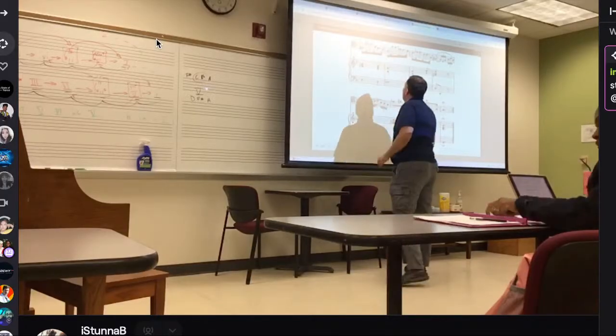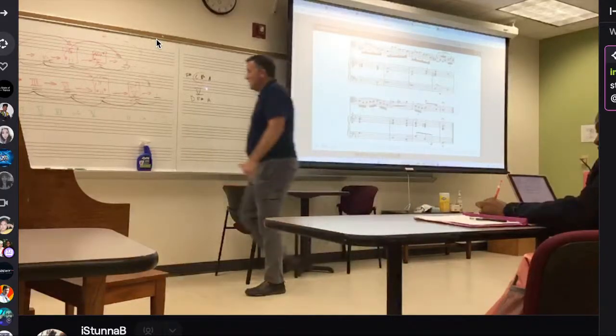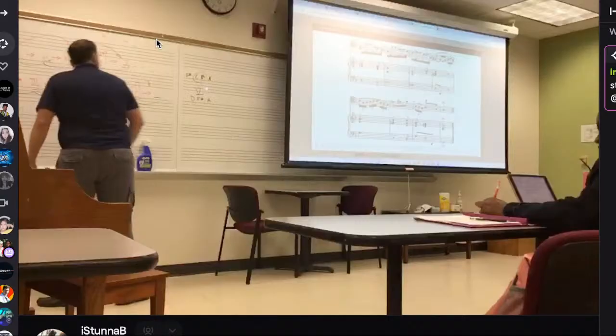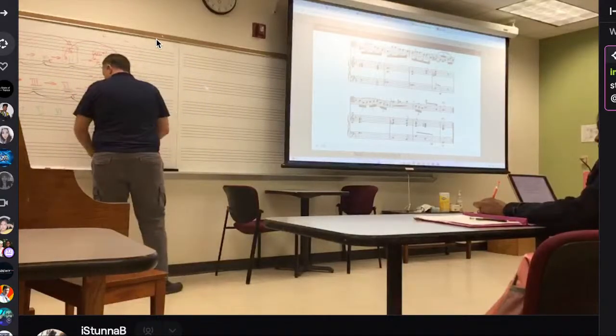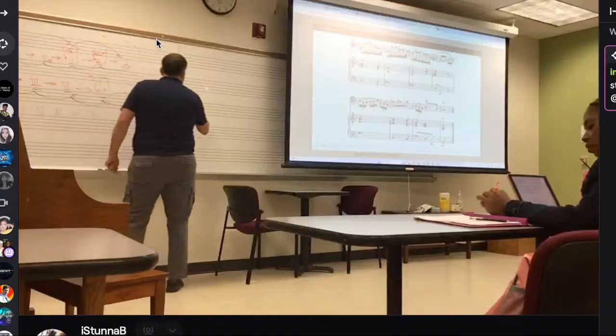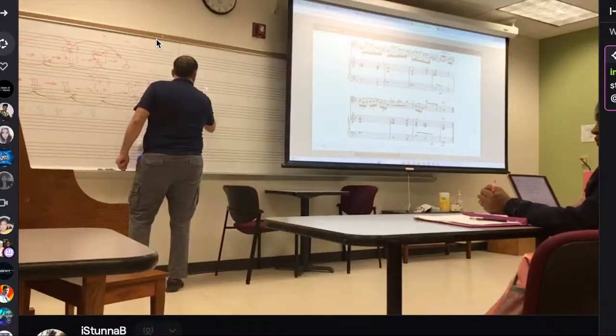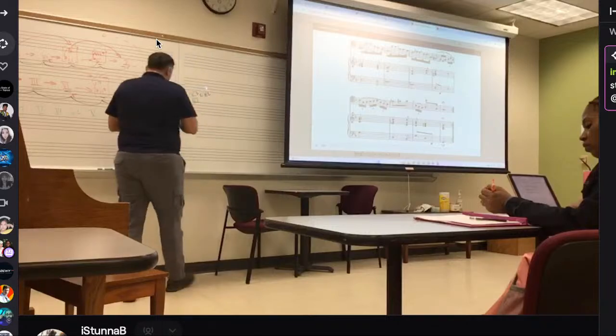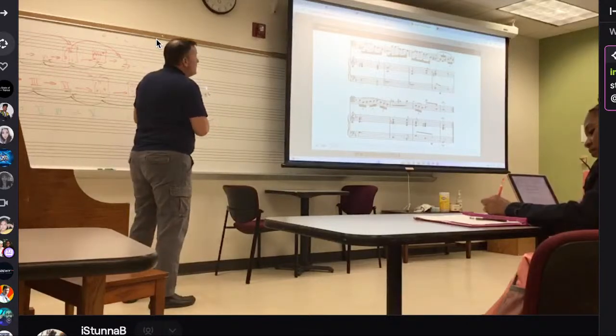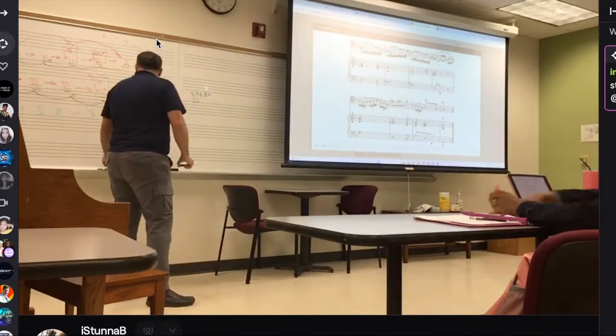What notes do we have in our melody? This is our 6th chord, E flat, G, B flat. What's the first note?